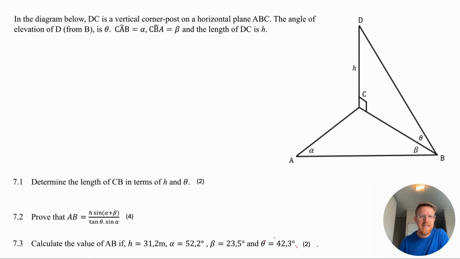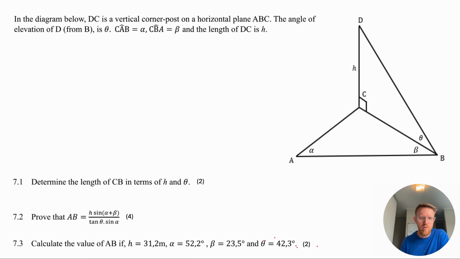Okay, and then they tell us that DC is a vertical corner post. The angle of elevation is theta. And then they tell us that that angle is that. And the length of DC is h. Okay, so everything has been shown on the diagram.